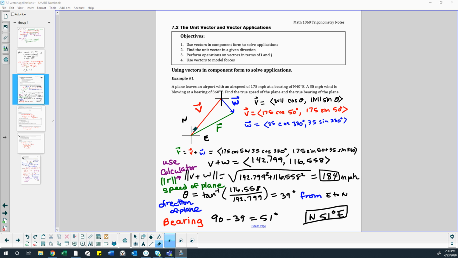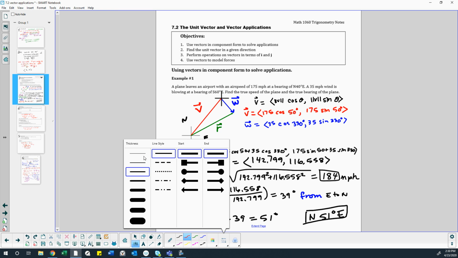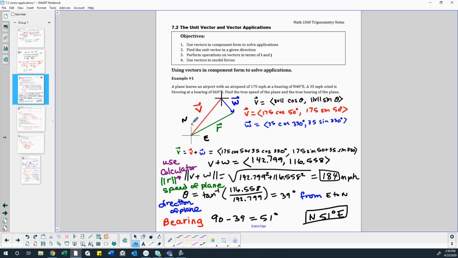So if we call the airplane itself vector v, which is going 175 miles per hour, and the angle, remember, was 40 degrees north, so north 40 degrees east. That's that angle right there. If we're using this with our trig stuff, we need that angle instead.